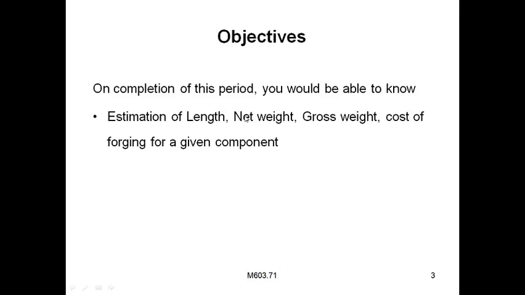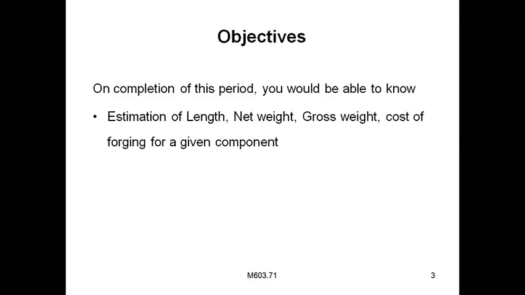Now here the net weight, then the gross weight. Gross weight means adding the losses to the net weight. Then the cost of the forging for a given component. The cost of the forging means you need to heat the material, so it also requires some cost.